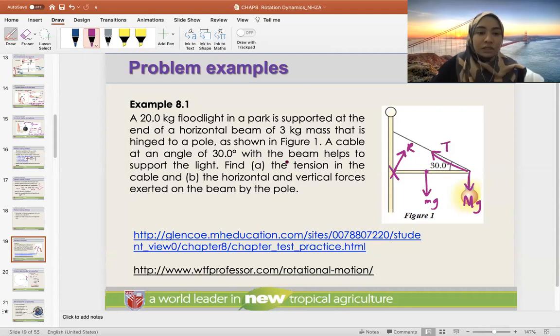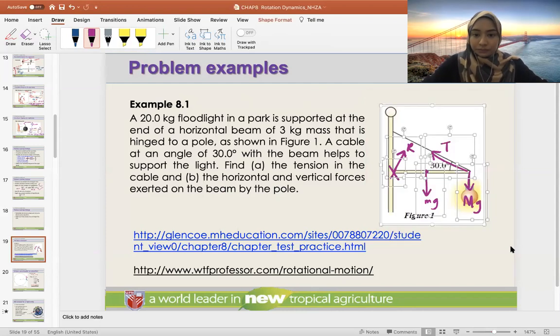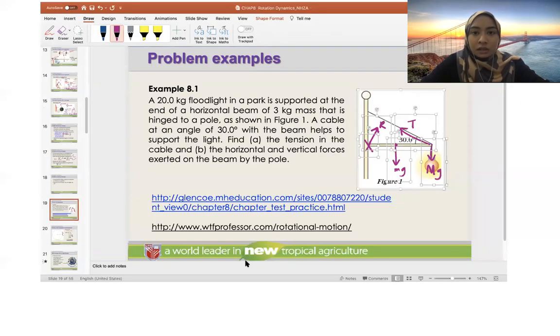Find the tension in the cable and the horizontal and vertical forces exerted on the beam by the pole. So let's do this equation. I will teach first, and next problem you will have to do it. So please pay attention, okay? So find tension and horizontal and vertical forces. Let's do this in Word because that's easier for me.